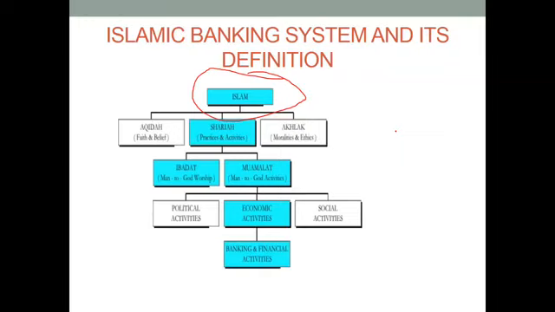So you need to try to follow what is promulgated by Islam.